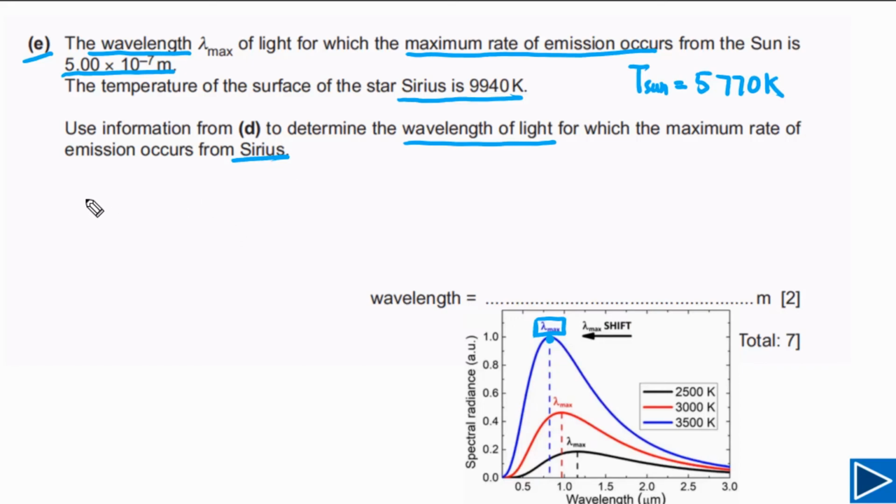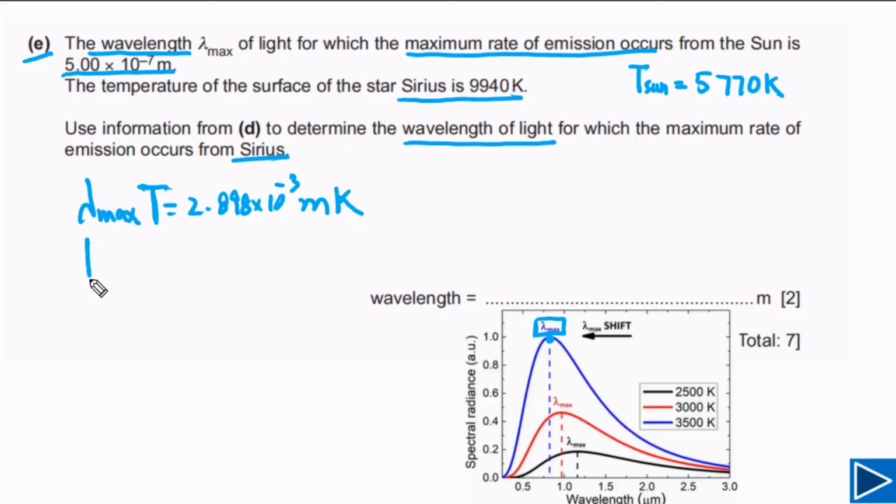We will use Wien's displacement law in this case. According to Wien's displacement law, lambda max times T is equal to 2.898 times 10 to the negative 3 meter Kelvin, not millikelvin. So the unit of lambda is meter, the unit of temperature is Kelvin, so this is meter Kelvin.